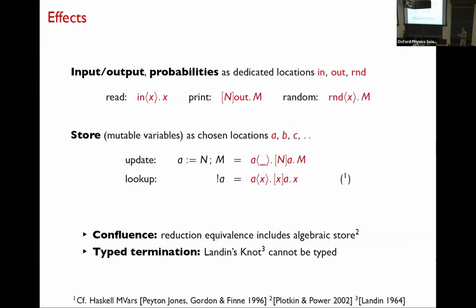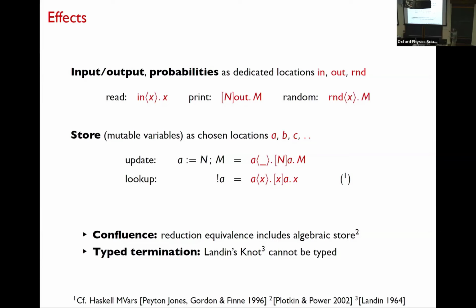We can model what we've called reader-writer effects. So input-output, probabilities, and we model probabilities and non-determinism as well. And we model these in the same way as though they were inputs, right? A stream of non-deterministic or probabilistic Booleans.